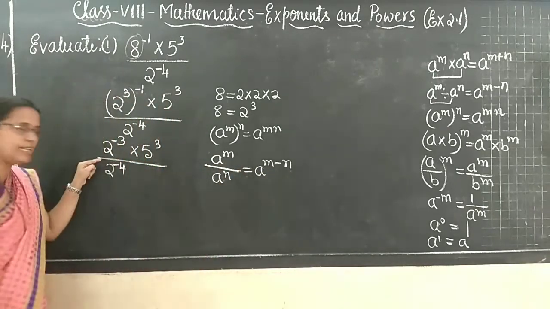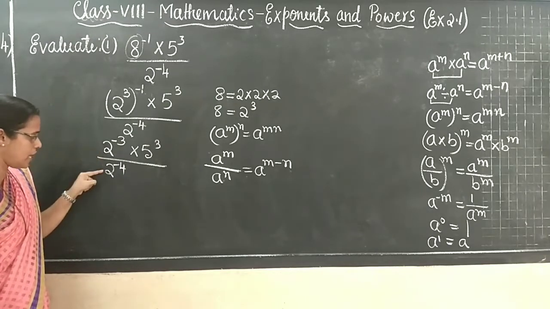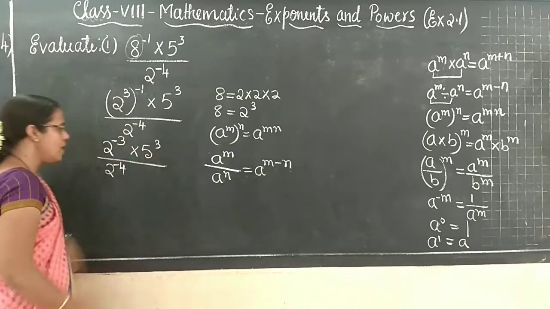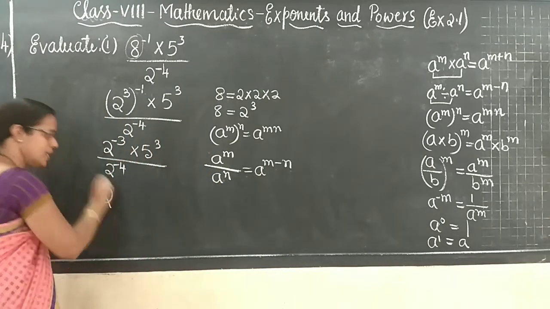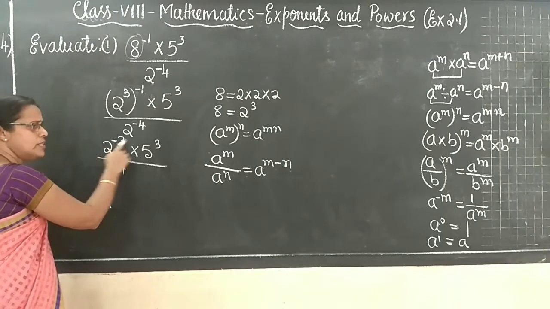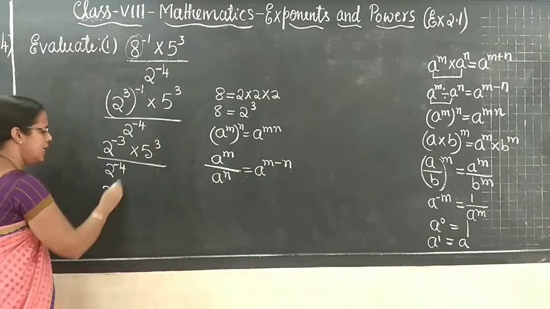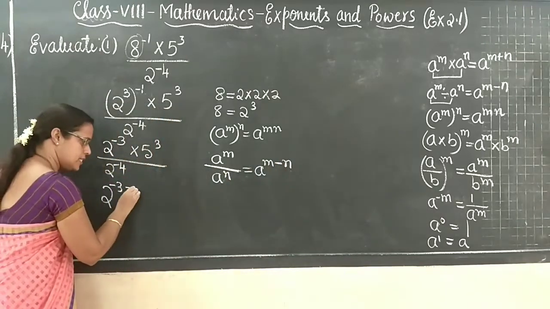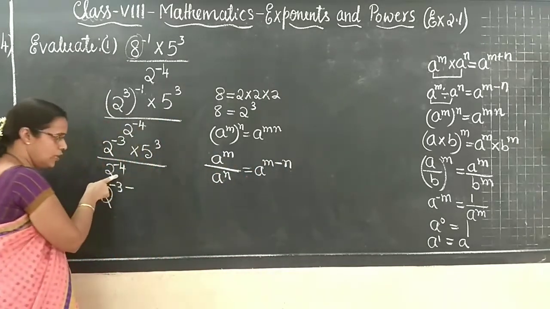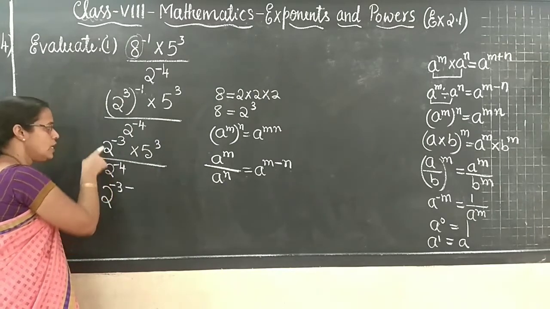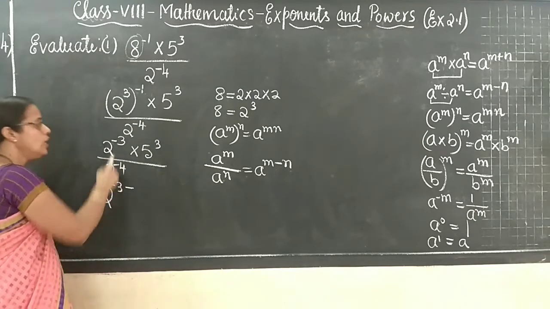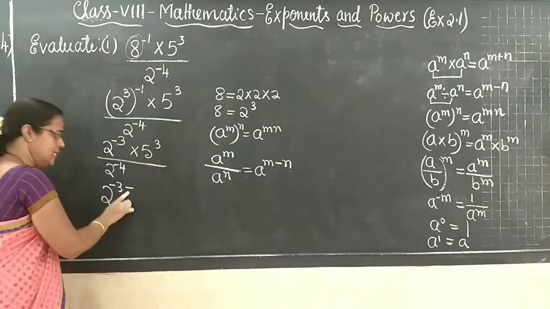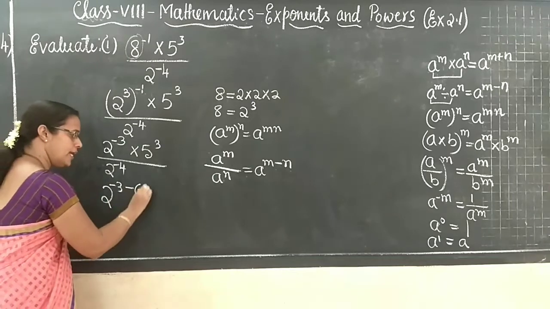Is there a division in this, children? The bases are the same, so you can subtract the powers. Can I do it like this now? See, write the base as it is, once. For the powers, in place of m there is minus 3, and in place of n there is minus 4. So write 2 as it is, with m as minus 3, the middle sign is minus, and the denominator is minus 4.